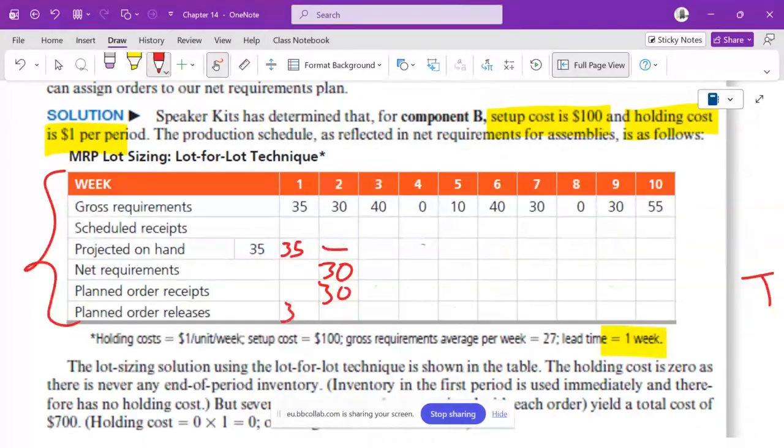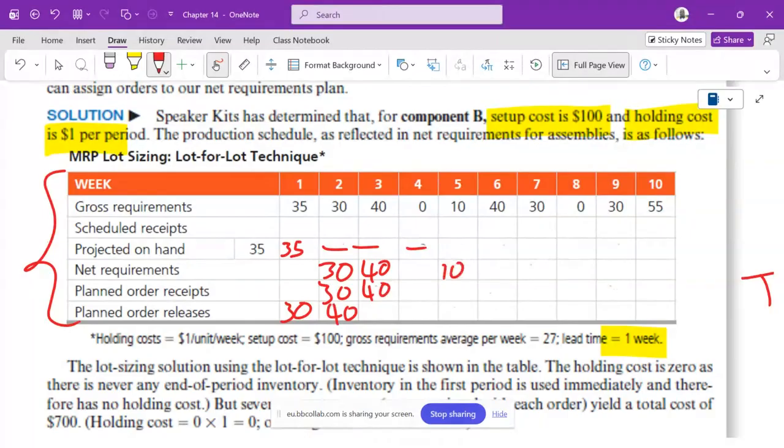You've ordered 30. Lot for lot, 30. You only strictly order 30. Then now 40 now. Place an order of 40 1 week before. This here, 10 now.